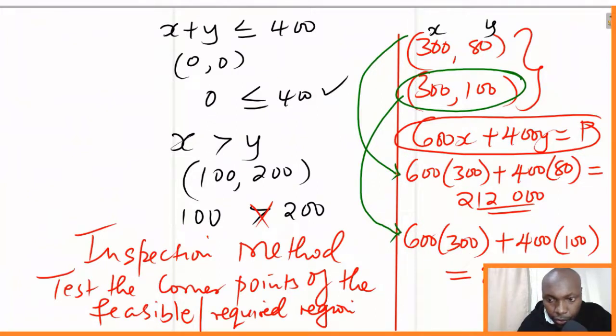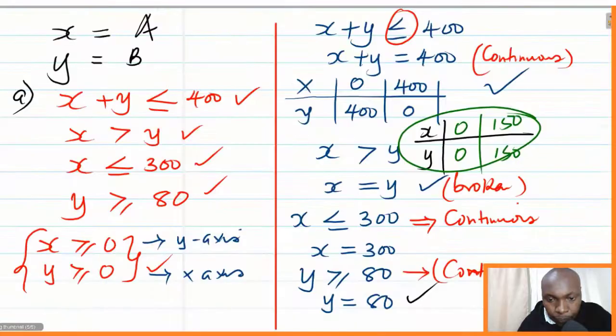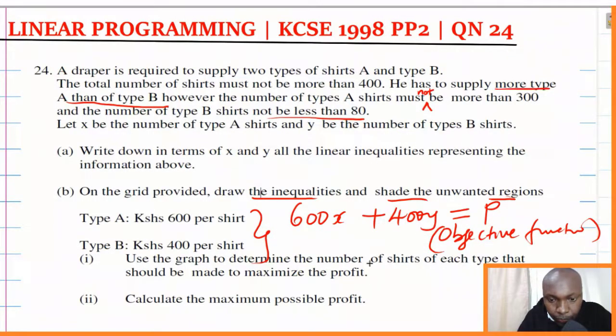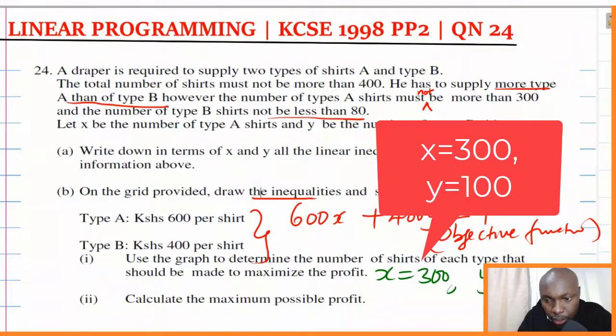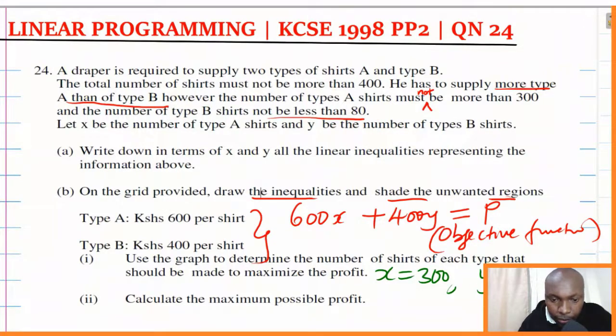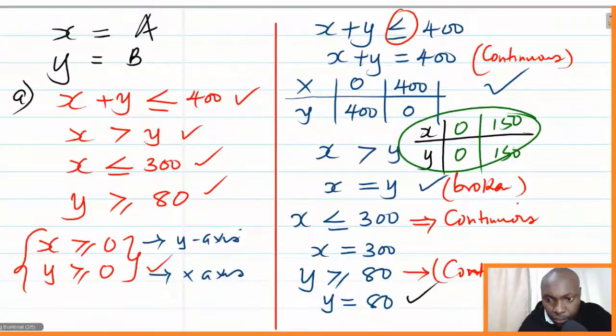So the solution for that is x equals 300, then y equals 100. That is the number of shots for type A, 300, and the number of shots for type B, 100. Then we have calculated using the objective function.